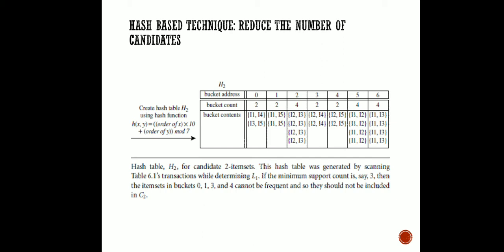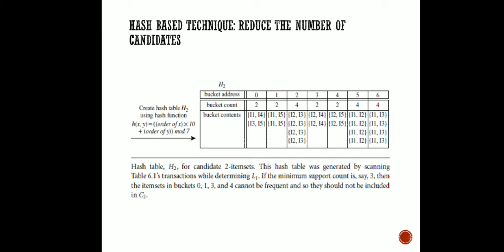Now we will mark the count. Bucket 0 contains 2 itemsets, so the count is 2. Similarly, bucket 1 contains 2 itemsets, again the count is 2. The bucket with address 2 has 4 itemsets, so the count is 4. In this fashion we can perform the count.